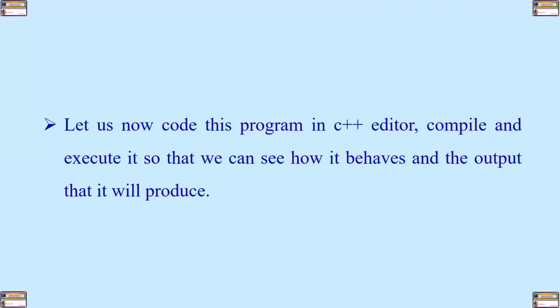And then the program will have succeeded in writing the content in the file. So let us now code this program in the C++ editor, compile and execute it so that we see how it behaves and the results that we are going to get.